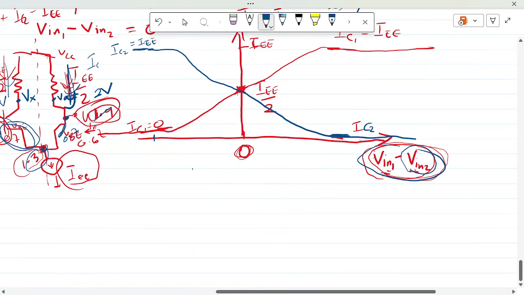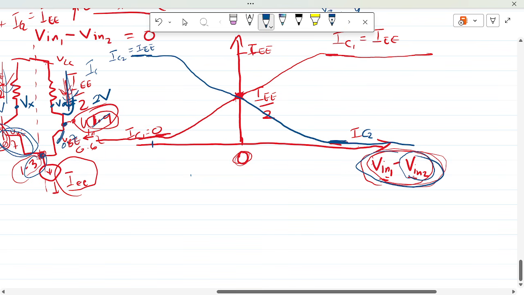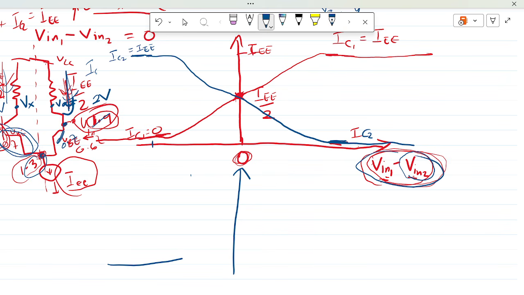Similarly, we could derive the relationship between V in 1, V in 2 versus Vx and Vy.